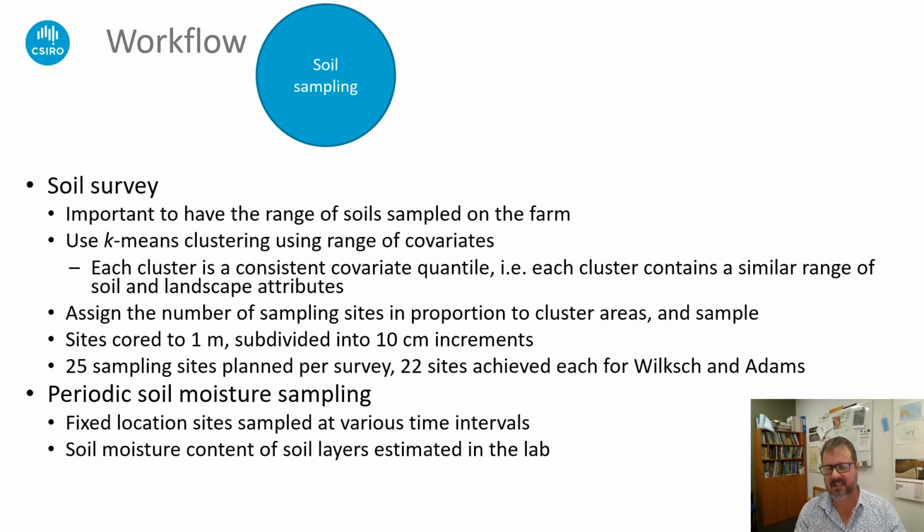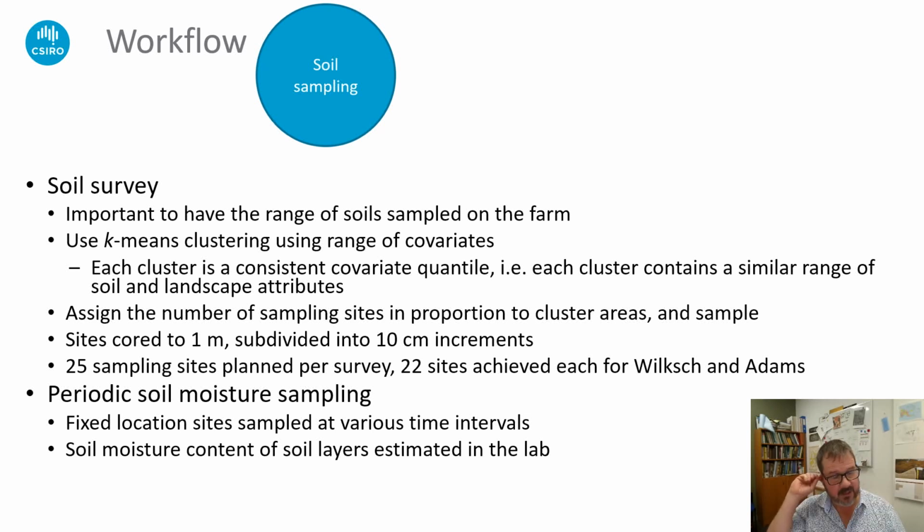Because they're covariates, we make the assumption that clusters represent a sameness of soils, and then we sample across those, allocating a number of sites in proportion to the area of each cluster.